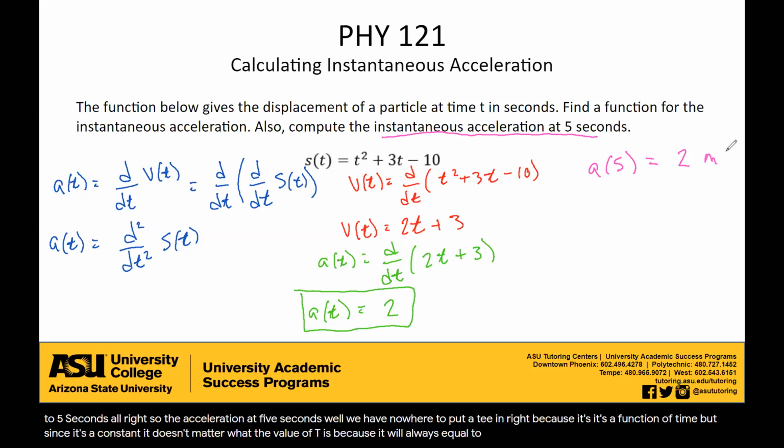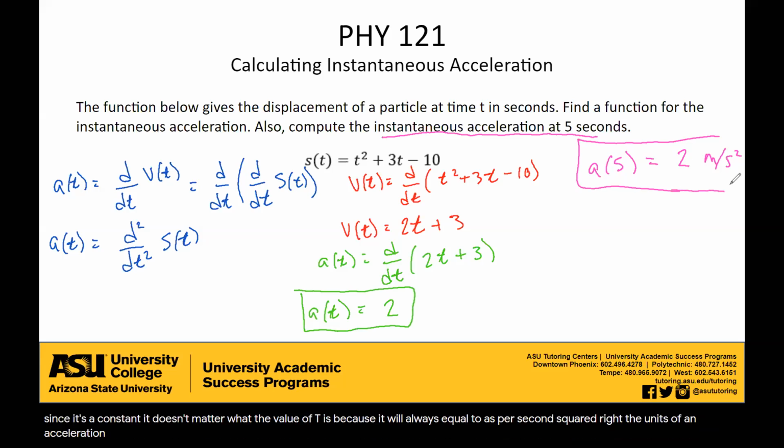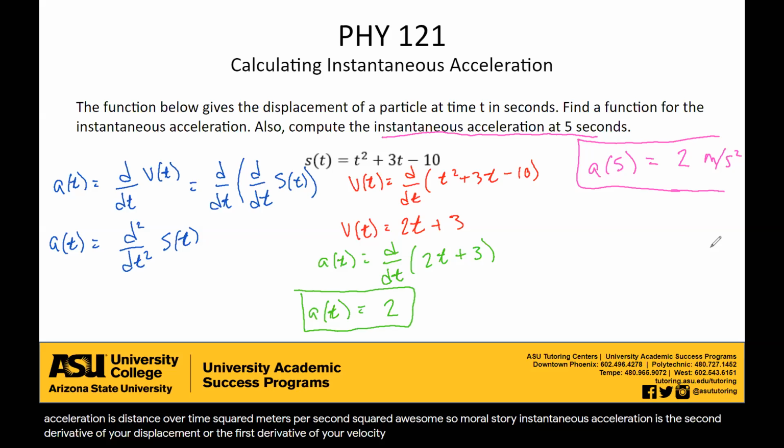And it's 2 meters per second squared, right? The units of an acceleration is distance over time squared, meters per second squared. Awesome. So moral of the story, instantaneous acceleration is the second derivative of your displacement or the first derivative of your velocity. Same thing.